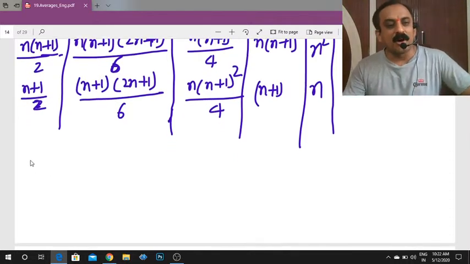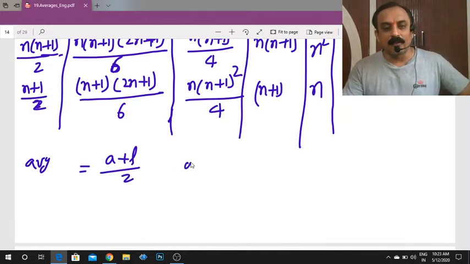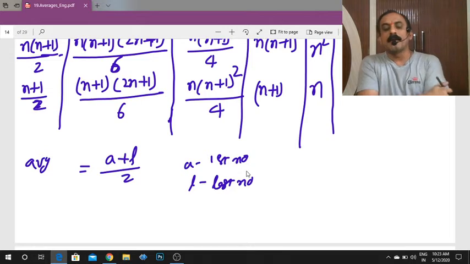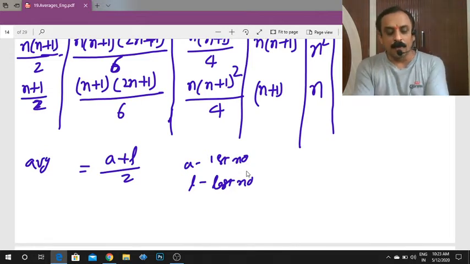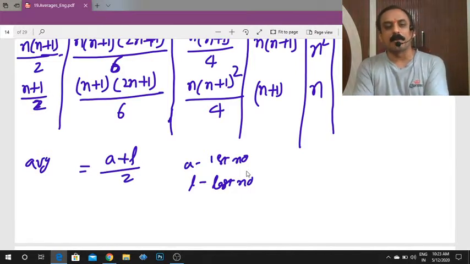Now here, one more important formula. The average of an arithmetic progression is equal to (a plus l) by 2, where a is the first number and l is the last number. It means the first number plus the last number by 2.